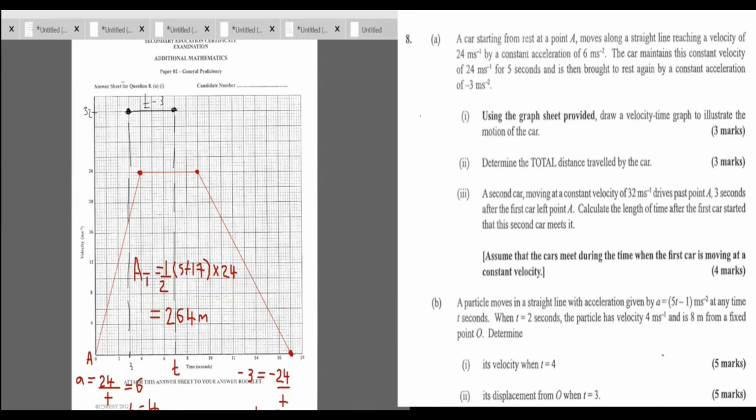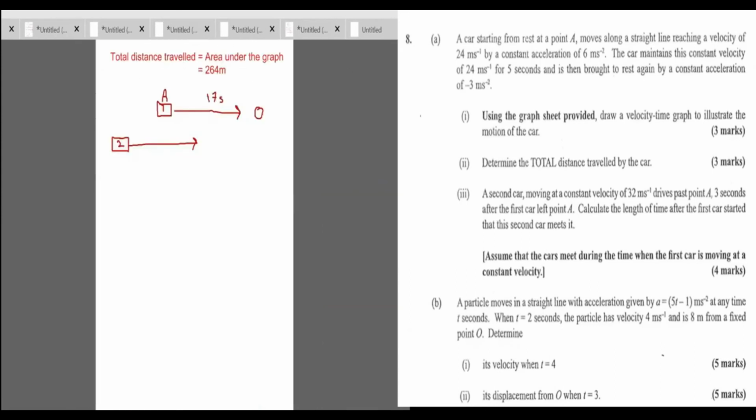All right, so let's write that down. So writing that down, we have the area covered by the second car is going to be length times width, which is 32 multiplied by T minus 3.